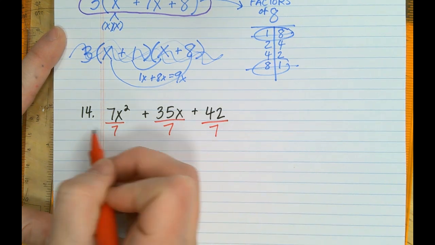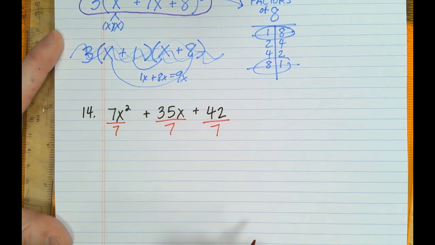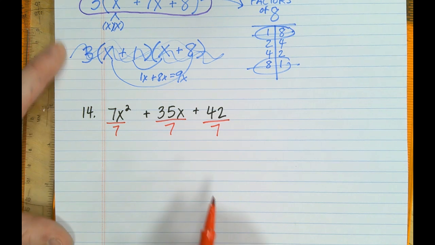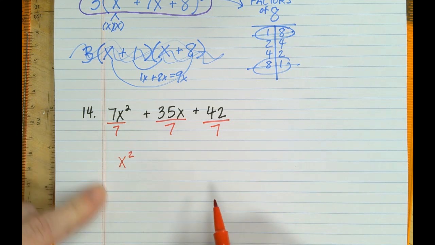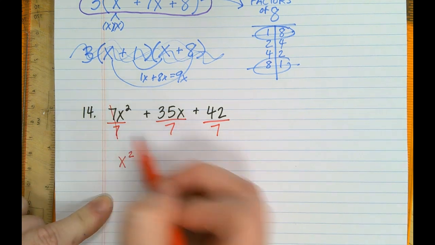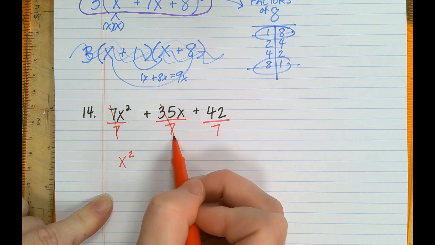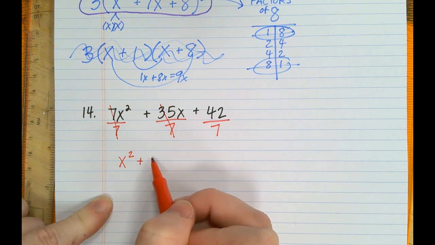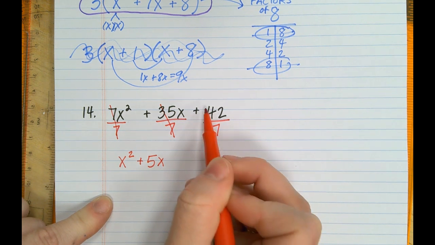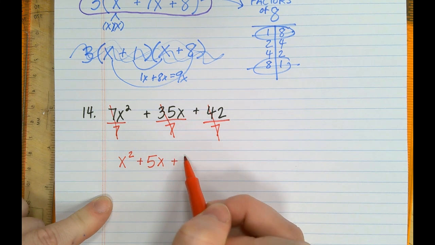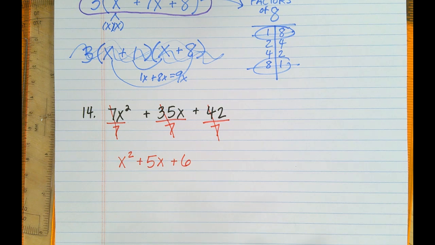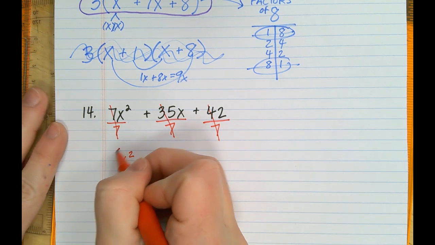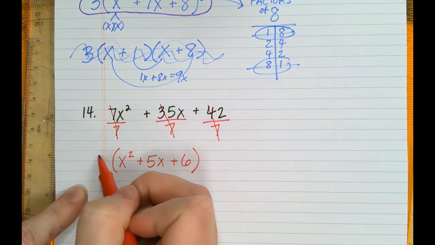I'm going to divide by 7. 7 divided by 7 is 1, so x squared. 35 divided by 7 is 5x, plus 6. Am I missing anything? You gotta bring out a 7. Yes, bring down your 7.